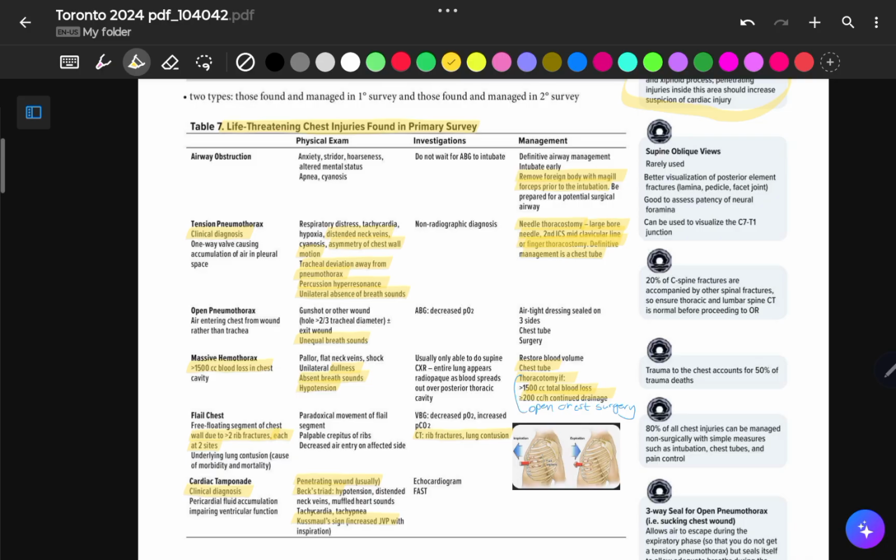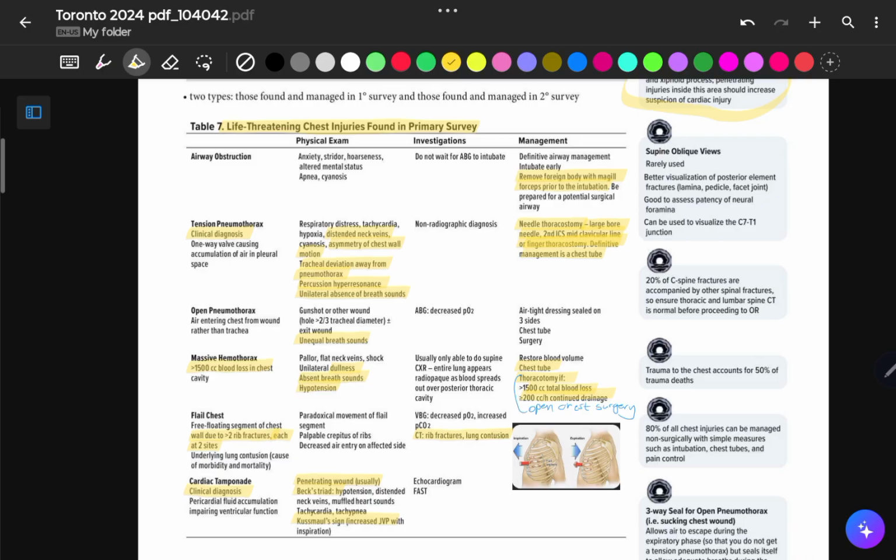Next life-threatening chest injury is an open pneumothorax. What is this? It's air that is entering the chest from the wound rather than through the trachea. So instead of air moving into the mouth, into the trachea or the nose, you have air moving from the wound into the chest cavity.